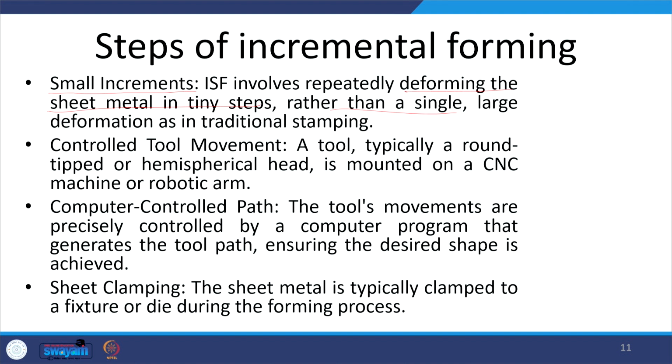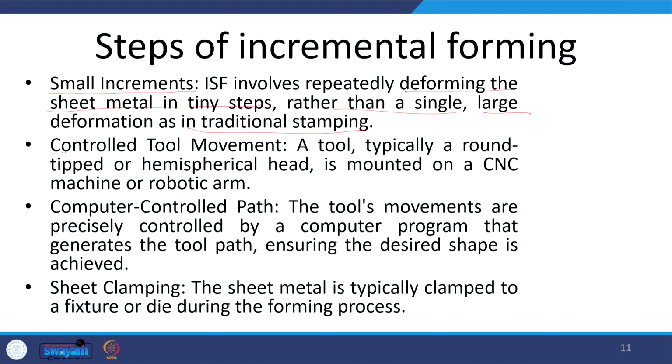It uses small steps of controlled plastic deformation, rather than a single step involving large plastic deformation like in the traditional deformation based sheet metal forming process, which is traditionally called stamping. Okay. So, this is the key feature. The sheet metal is deformed in small increments, one by one.